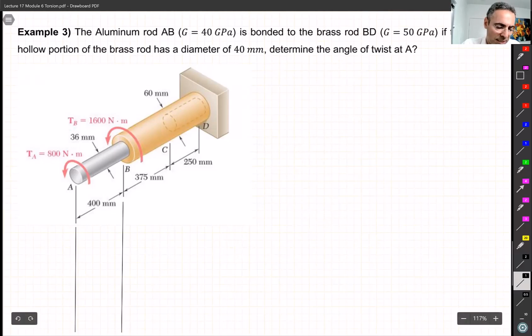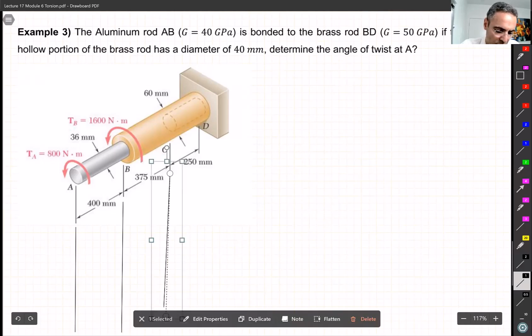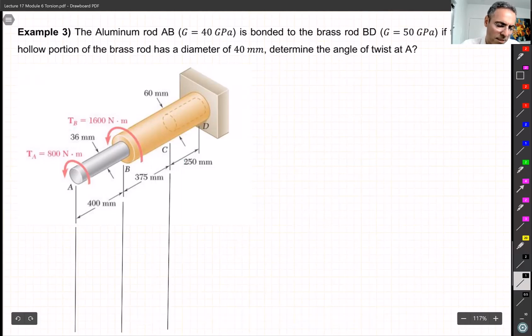Then at C, the geometry is changing. Material is the same, but the geometry is changing. So that's another region. And then point D, of course, is the end. All right. So I break it down to different regions.